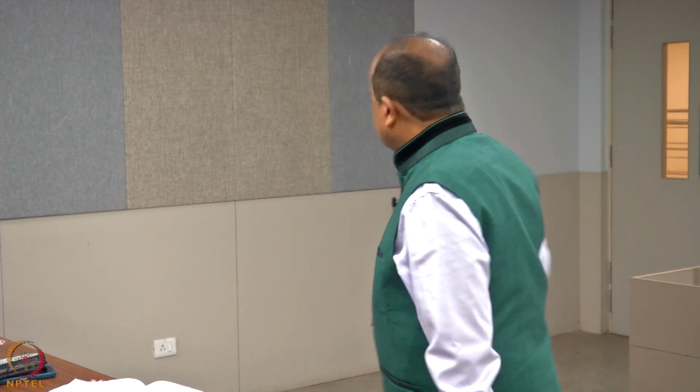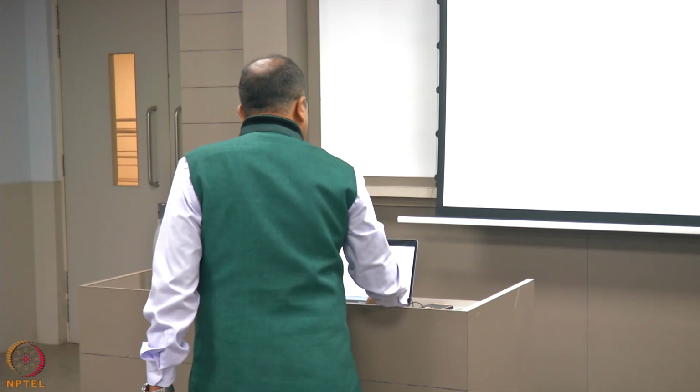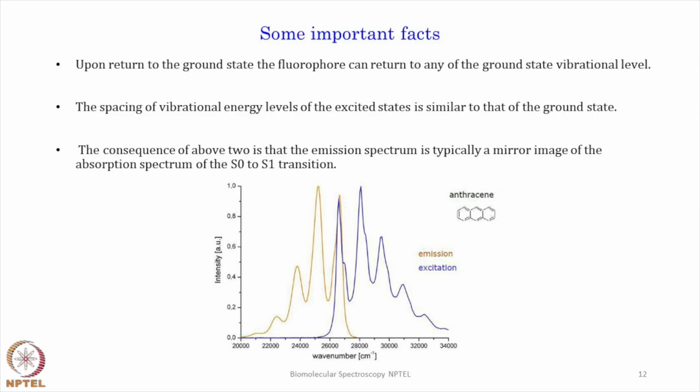So, whatever absorption happens, S1 to S0 is the mirror, but the others are not. From S1 it can come to different vibrational states of S0, so there it is perfectly fine and it forms a mirror.